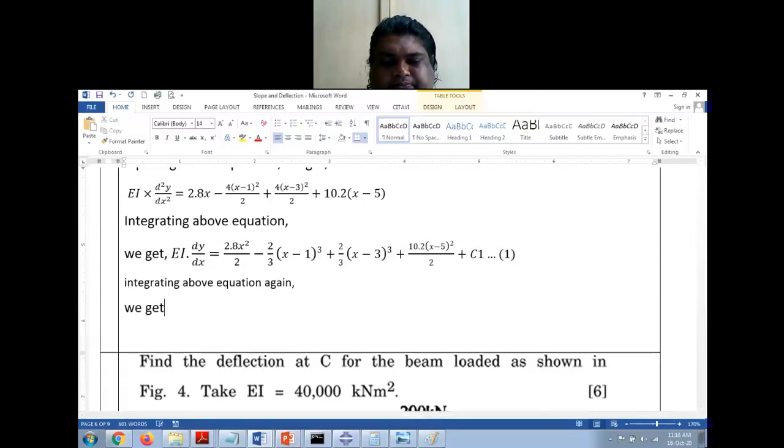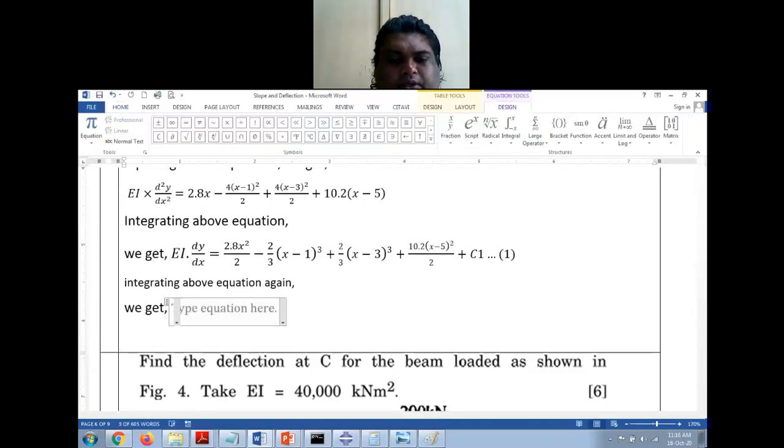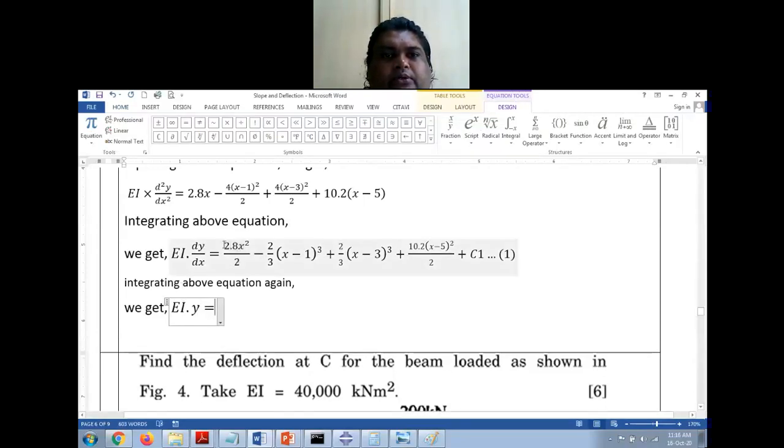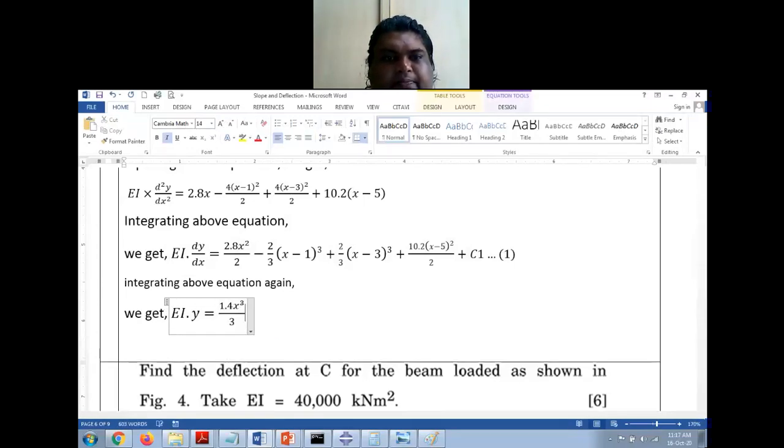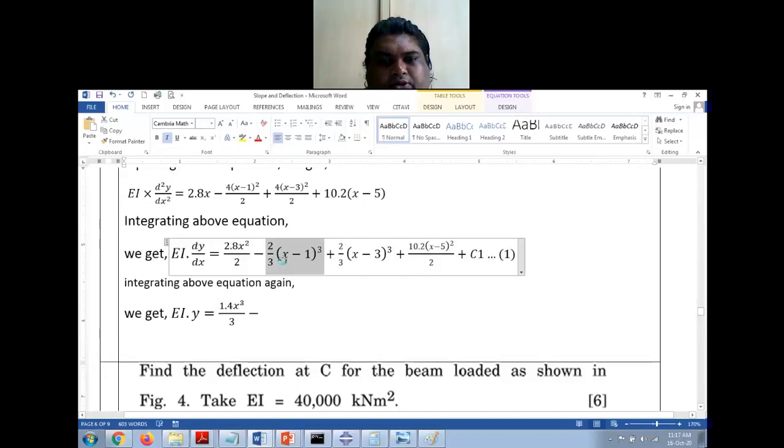We get EI into y is equal to, this is 2.8 by 2, so it will be 1.4 x square will become x cube now, x cube by 3, minus, I'll just copy this.